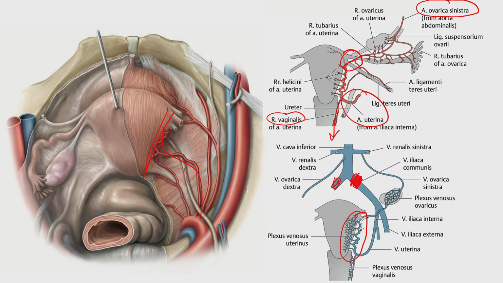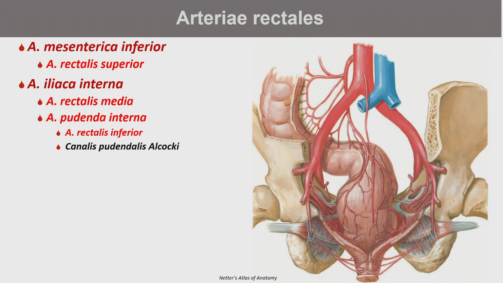So then those plexus are enlarged, and the outflow from the whole internal genitalia is via the ovarian vein. It is important that on the left side it enters the renal vein, and the renal vein is the way of drainage of venous blood flow from the left part of the pelvis in many situations.